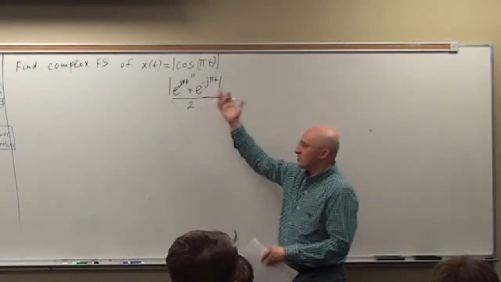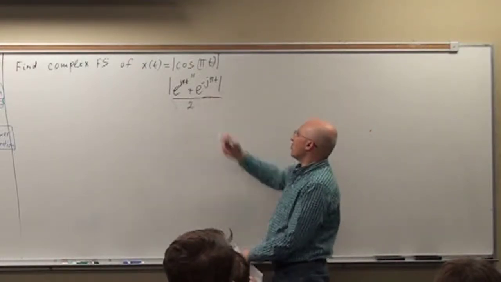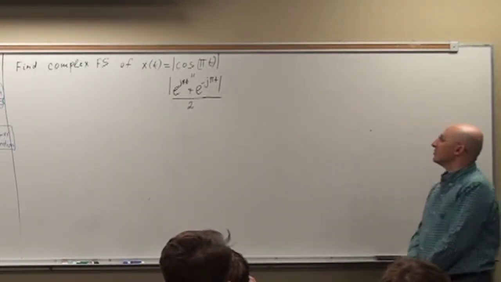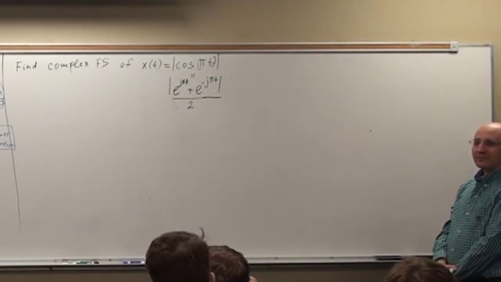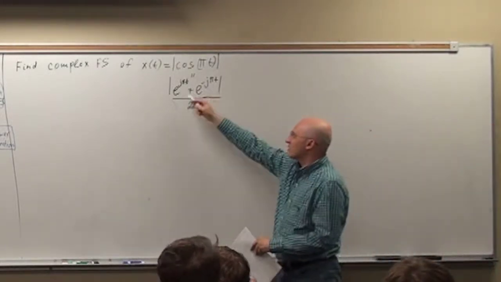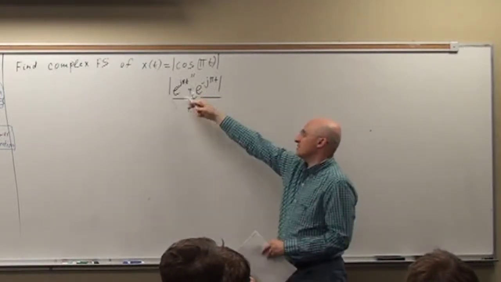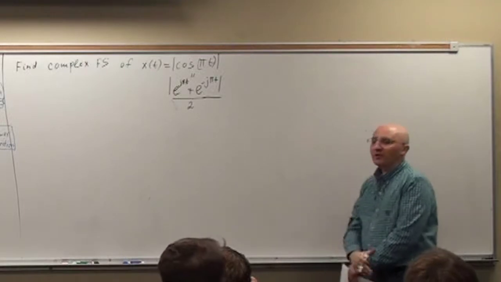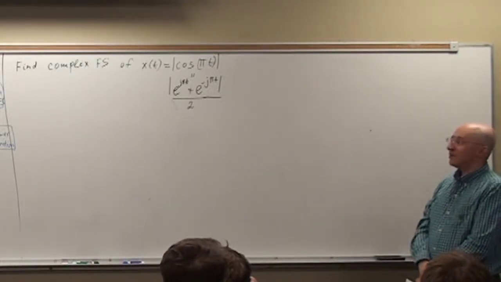So the absolute value of 2 is 2, so you can skip that one. But what is the absolute value of that sum? Both numbers are complex, so they are not really positive or anything. You can't just drop the absolute value. This is not positive, it could be negative, or could be complex, depending on the value of t.